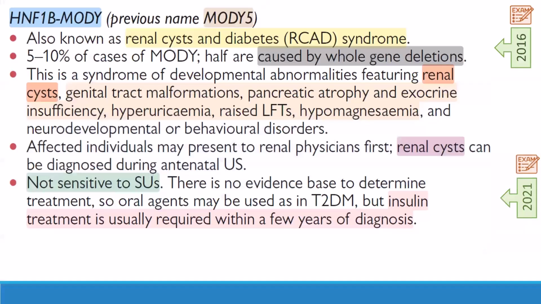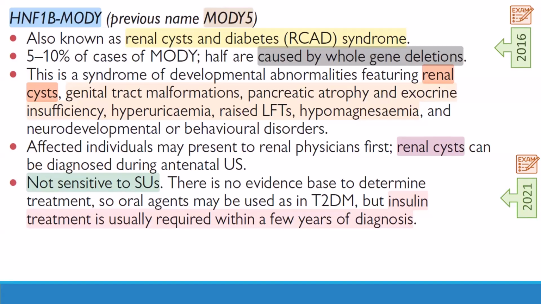HNF1 beta, the clue for HNF1 beta is renal cyst. If you see a case scenario like MODY syndrome and you see a renal cyst, it is MODY 5. It is HNF1 beta, which is known as MODY 5, or renal cyst and diabetes syndrome, or RCAD. It is caused by a whole gene deletion.